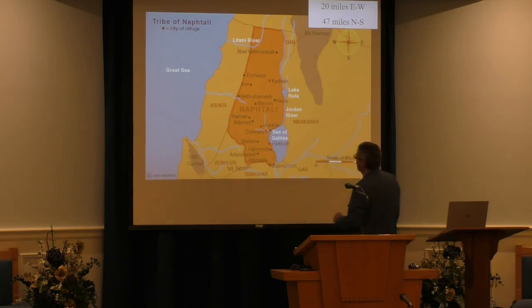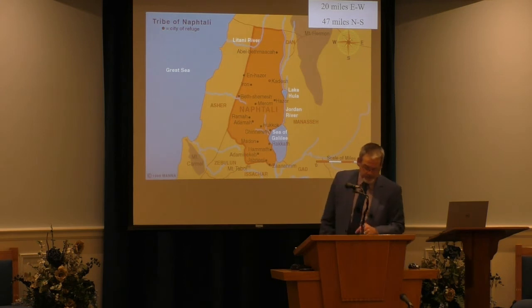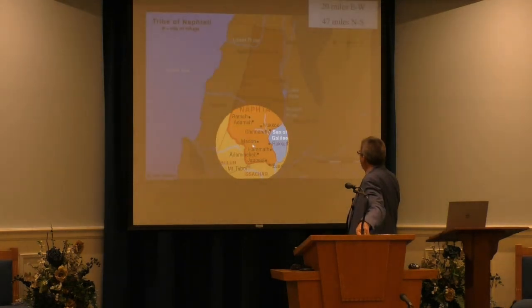Chinnereth is mentioned here in our context as being one of the major cities. Hazor is also one of their cities. Notice Hamath and Chinnereth. The Sea of Galilee was also called the Sea of Tiberias. It's also called the Sea of Chinnereth because of the close proximity of that city.